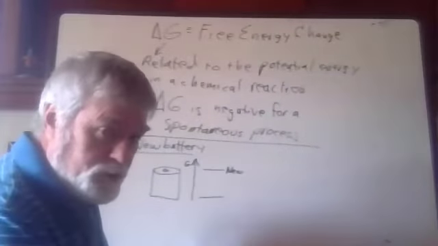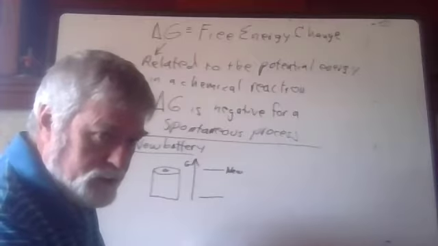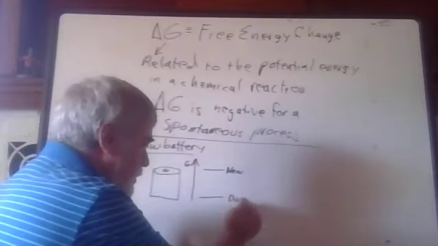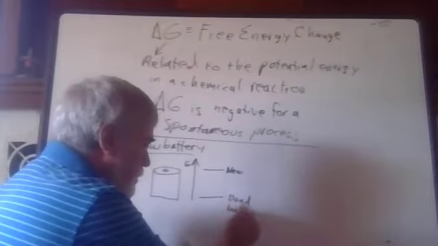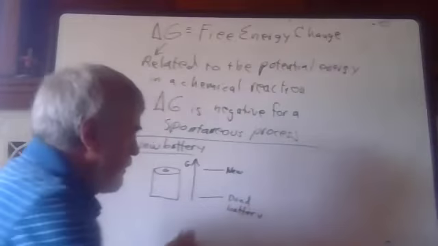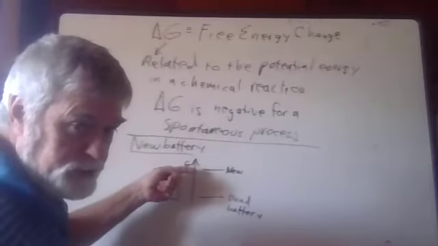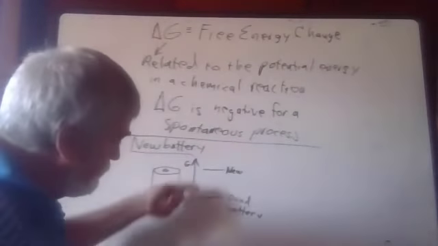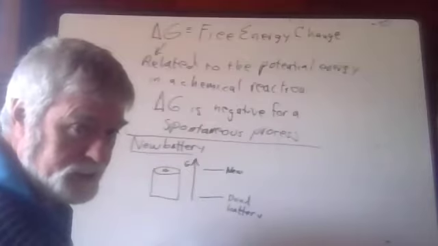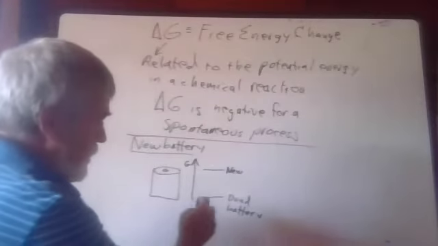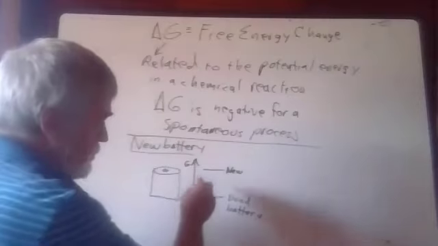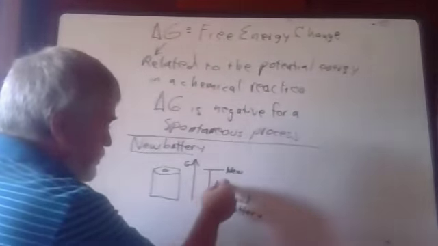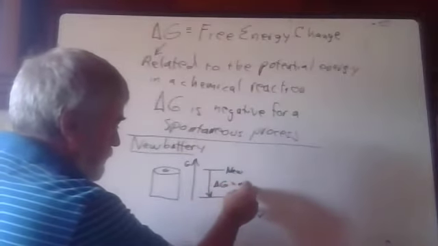Again, I think we're probably more familiar with the word dead when we refer to batteries being old. So let's say here it's a dead battery. Here you have a free energy that's higher than down here where it's been discharged, it's dead. The gap between those two lines is the delta G. Delta G is final minus initial. So going down would be your delta G value, and it would be negative.